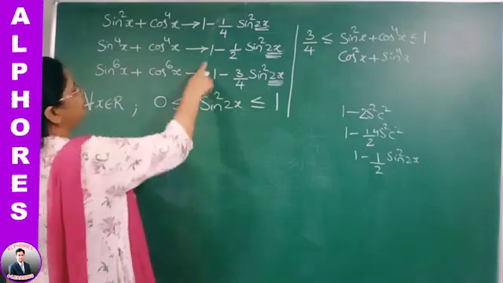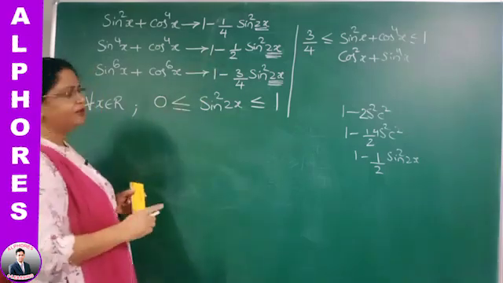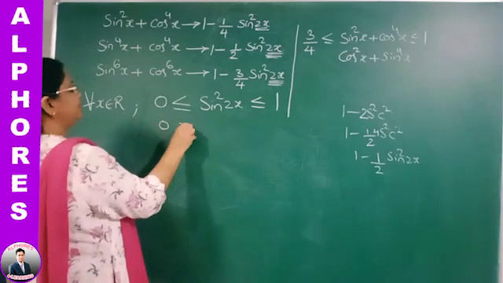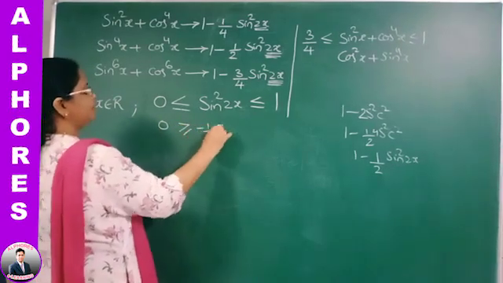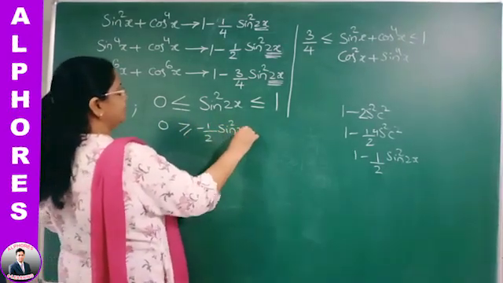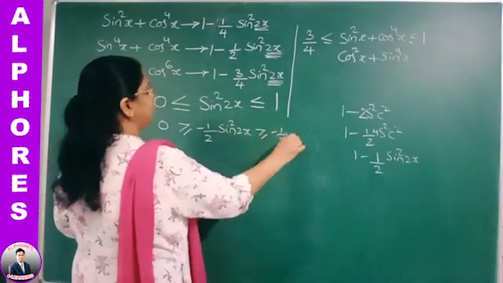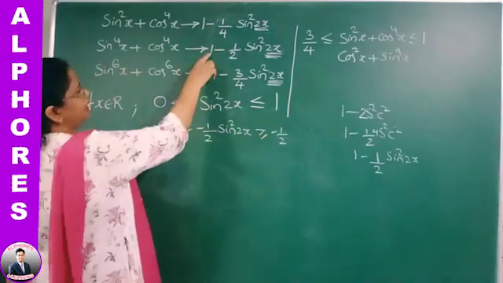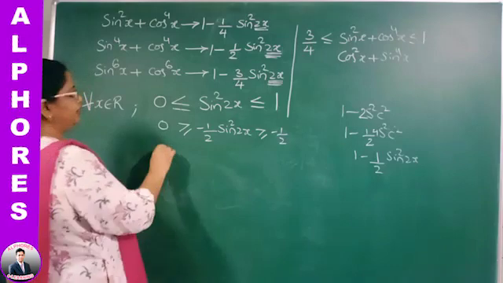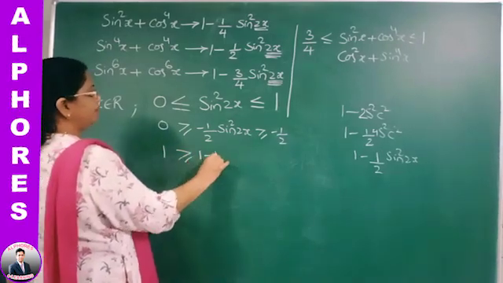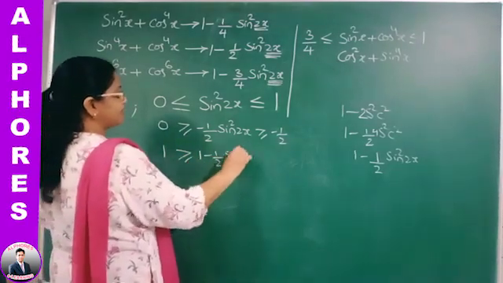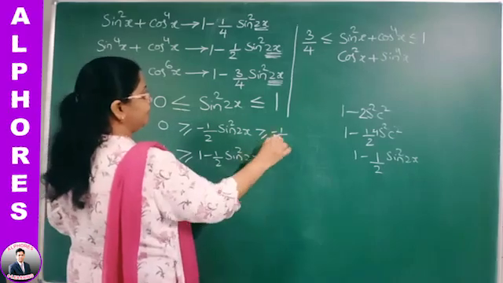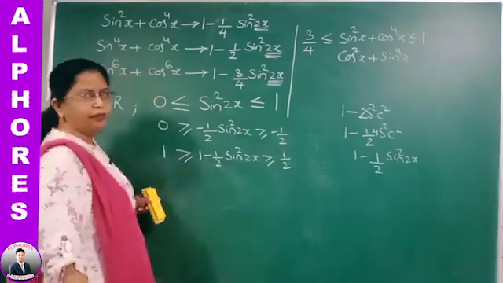Now multiply by how much here? Minus 1 by 2, and thereby this is 0 greater than or equal to minus 1 by 2 times sin²2x, greater than or equal to how much here? Minus 1 by 2. And then add how much here? 1. Then it is 1 greater than or equal to 1 minus 1 by 2 sin²2x, greater than or equal to 1 minus 1 by 2, it is 1 by 2.